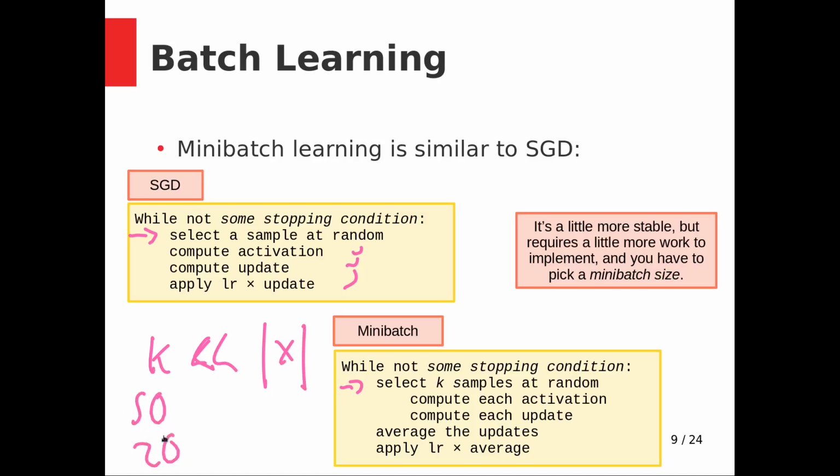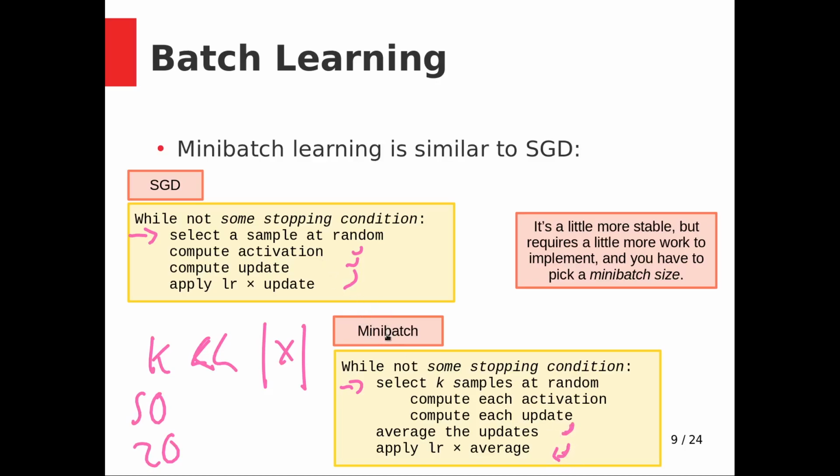It's somewhat arbitrary. Then you compute the forward activation for each of the samples in k. Then you compute the backward pass only for the samples in k. Then you average those updates and apply them once.